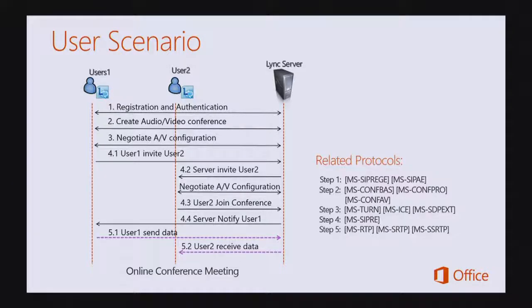We do not want the server to redirect our real-time data, because the data may be huge from each user. That's why we want to negotiate the IP address and the port for the real-time media.